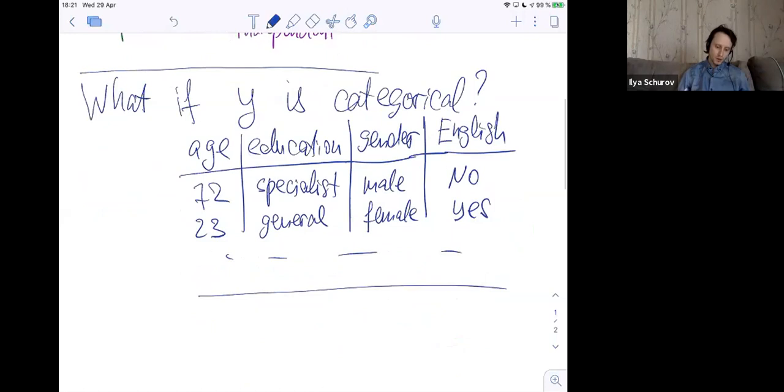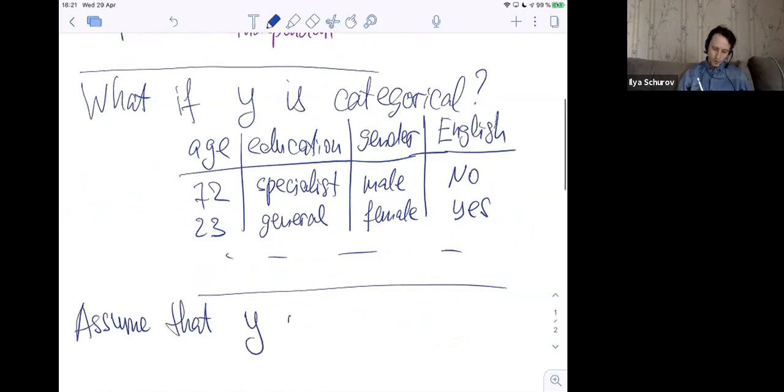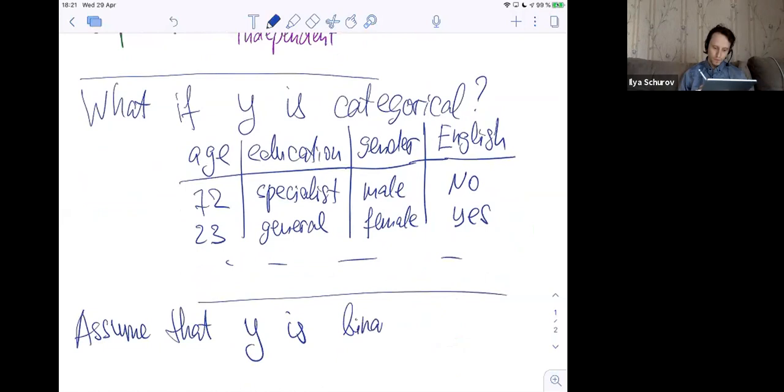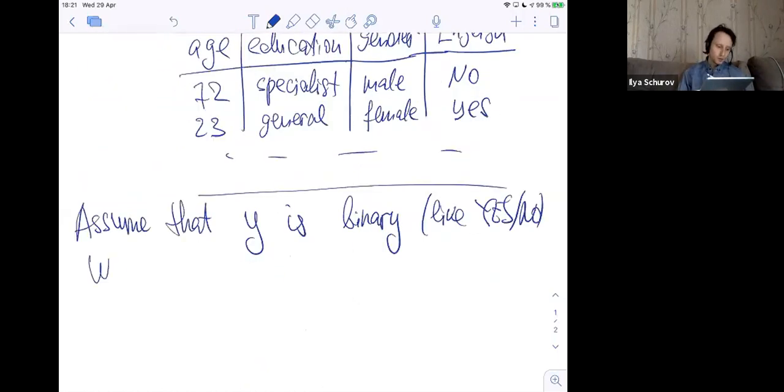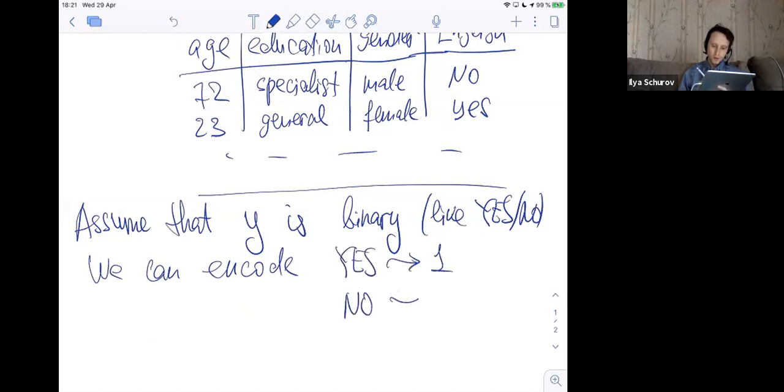So assume that y is binary, like yes or no. And then we can encode, for example, yes, 1, no, 0.